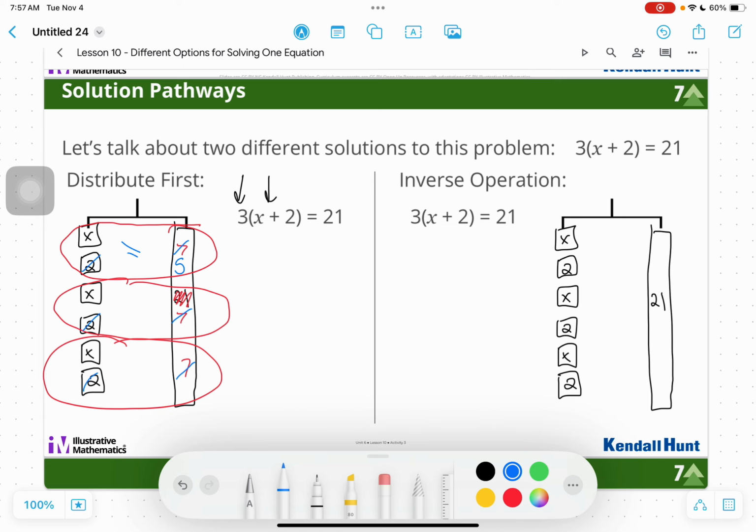One way to think about this in an equation form is to first get rid of this 3 on the outside by dividing or splitting it up. Divide by 3 on both sides of my equation to keep it balanced. 3 divided by 3 is one group of x plus 2. But if I have one group of x plus 2, I don't need that one there.